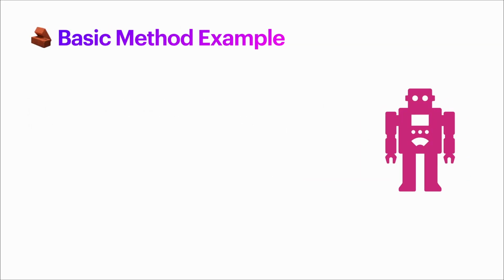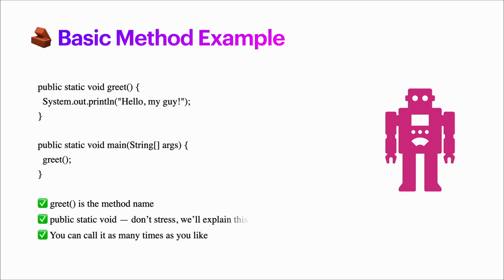Now, what is a basic method example? Here is a basic method example. This is called a method. How do we know? Declaring a method in Java is different from declaring functions in JavaScript, and also different from declaring functions in Python.